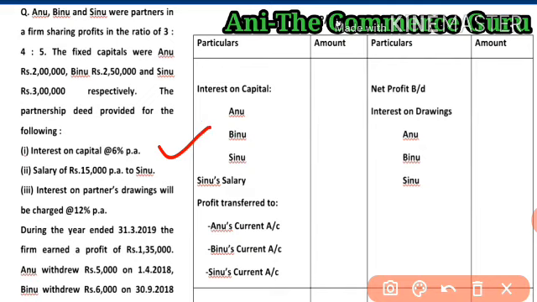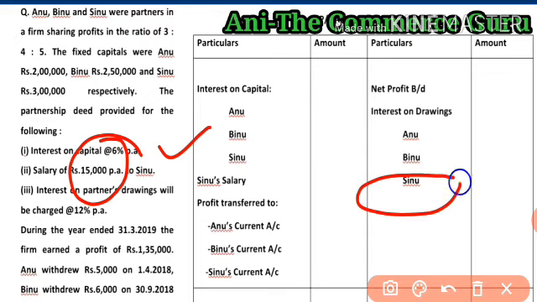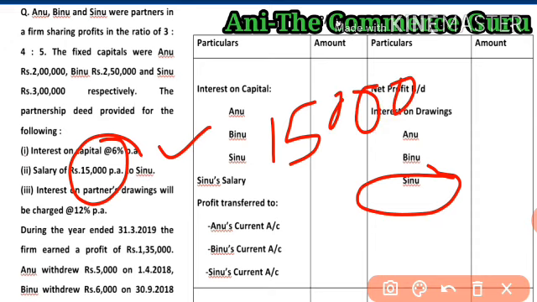Then salary of rupees 15,000 per annum to Sinu. So one of the partners, Sinu, is eligible for salary, that too 15,000. So here you need to take care. Sometimes in the question, salary would be given per month. If it is given per month, then you have to convert it into per annum.